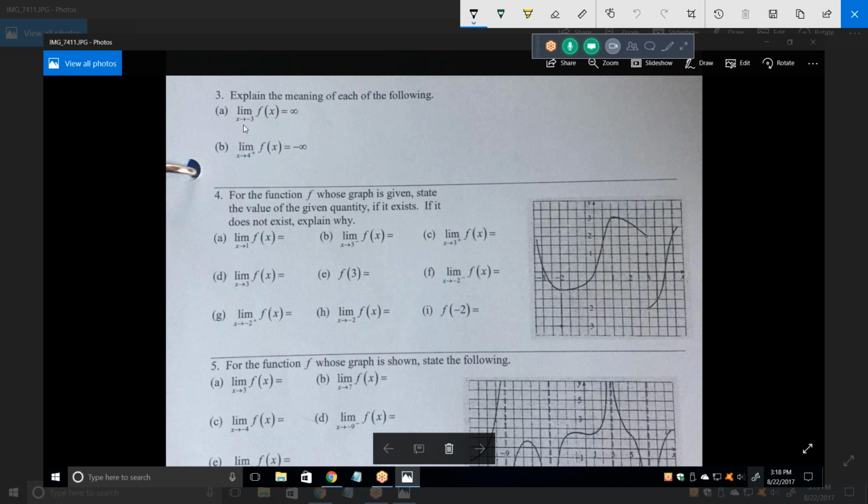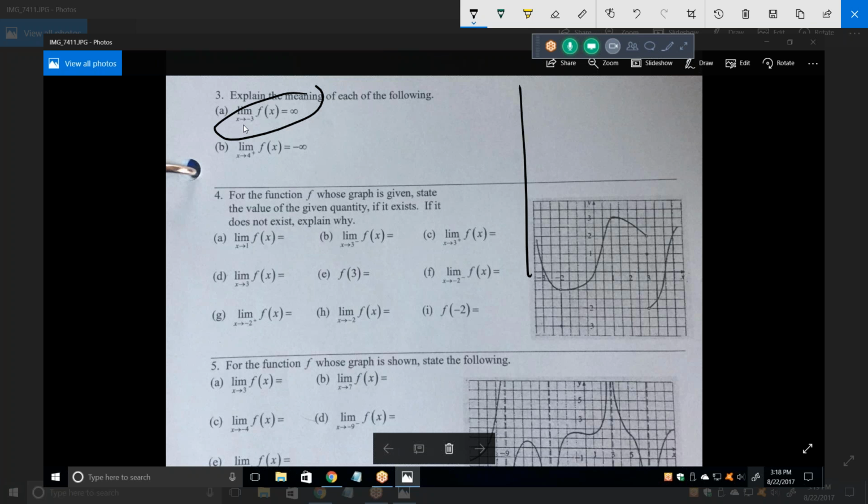How do I verbalize that? I don't know. Well, by verbalizing, what it means is the limit of f of x is equal to infinity as we approach -3.